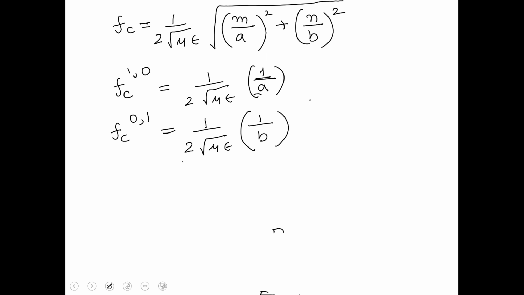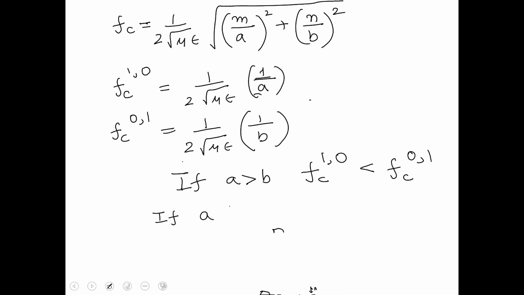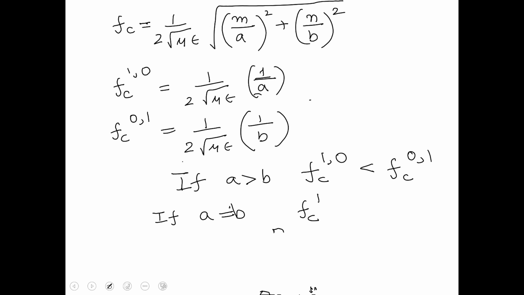If a is greater than b, fc10 is going to be less than fc01. If a is equal to b, which is a square waveguide, as was asked last week, then fc10 is going to be equal to fc01. The two modes are going to be degenerate.